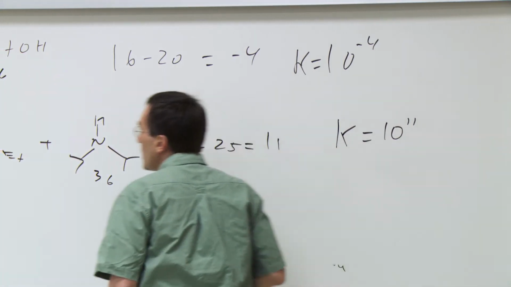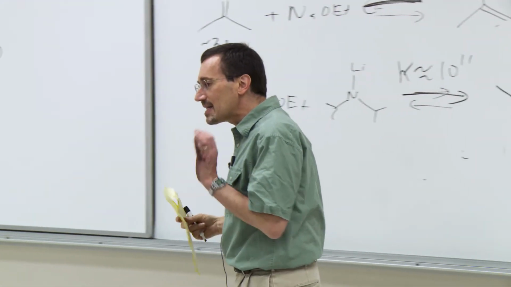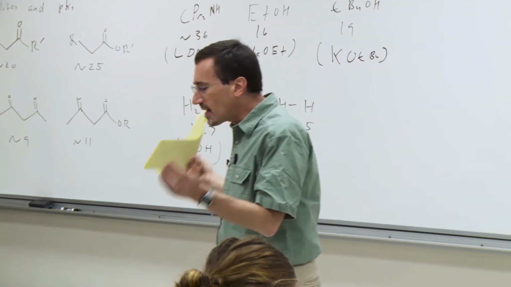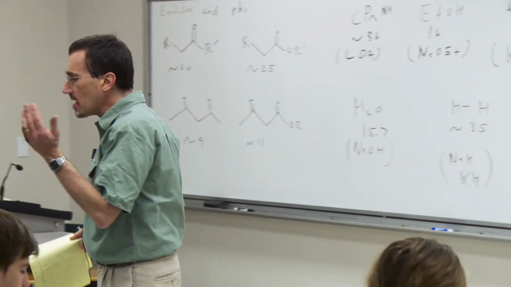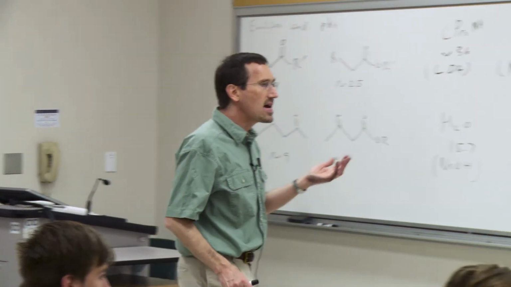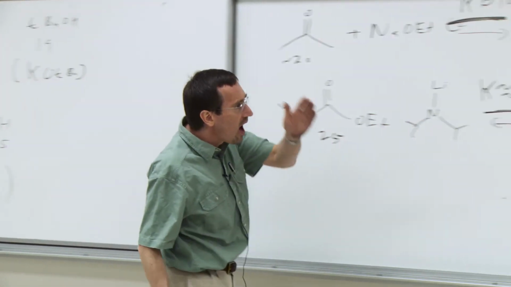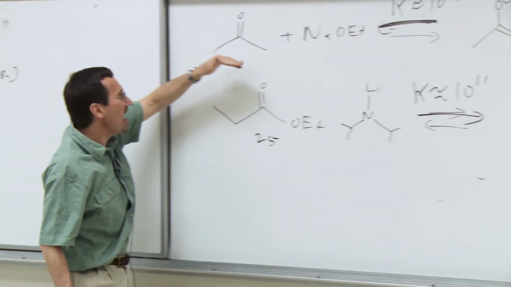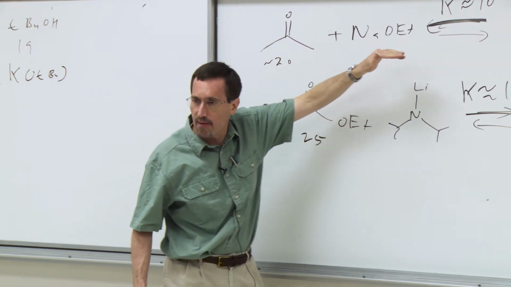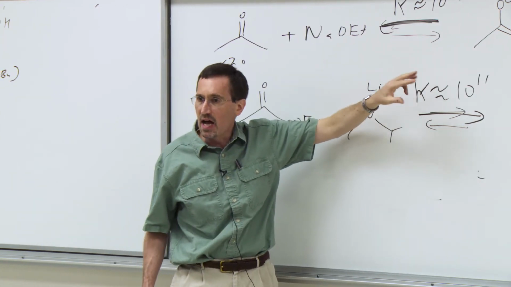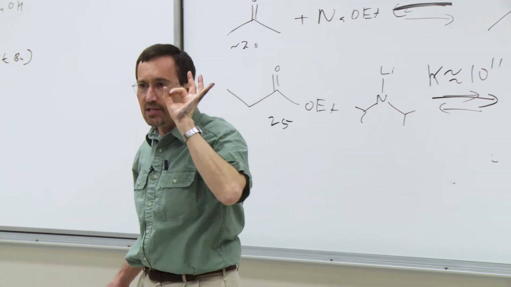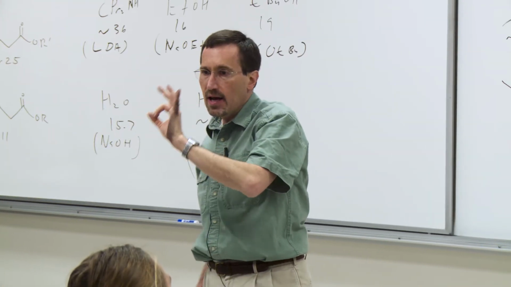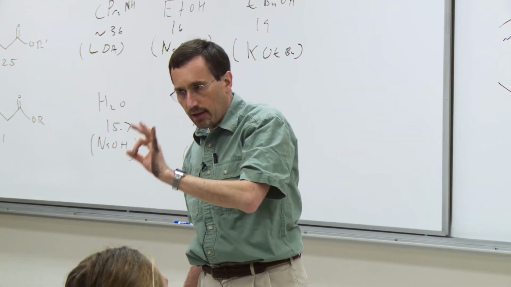That's 10 to the 11. But the big picture here isn't that number. It is if I mix a mole of LDA and a mole of ethyl propanoate, I get a mole of my enolate. If I mix a mole of acetone and a mole of sodium ethoxide, I get an equilibrium concentration of my enolate that's very, very little.